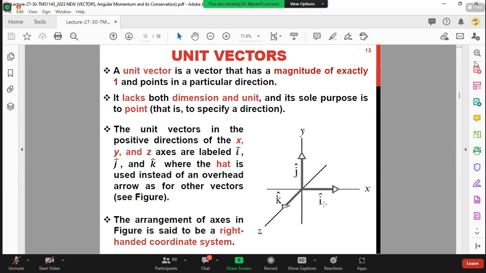For these vectors, instead of putting a line on top of the vector, you put a small hat: i hat, j hat, and k hat if you are in 3 dimensions. They just point along each axis. i hat points along the x-axis, j hat points along the y-axis, k hat points along the z-axis.